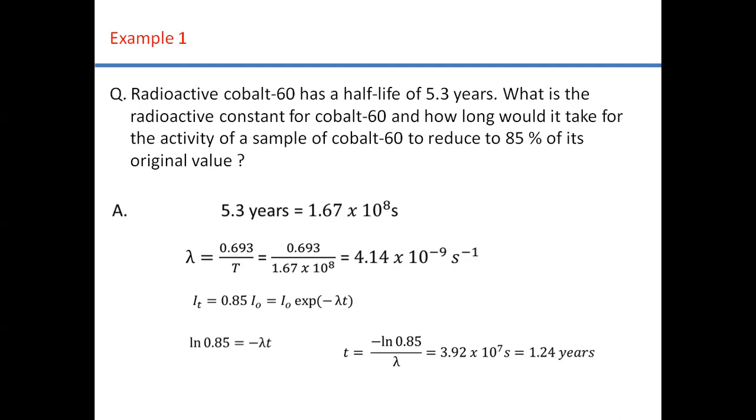Based on the formulas that we just looked at, you have the following working, and your answer in the end is 1.24 years. We are going to have a similar question as part of the assignment.